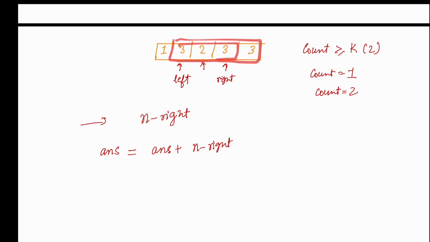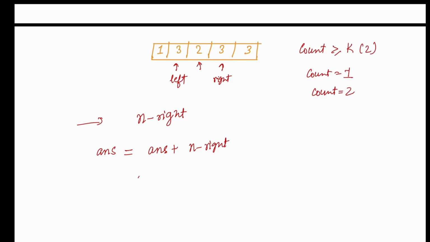So we can have this as well including this. Same thing, we apply the formula. We'll be getting ans plus equals to n minus right. Now we are done with this right. We are done with this left.